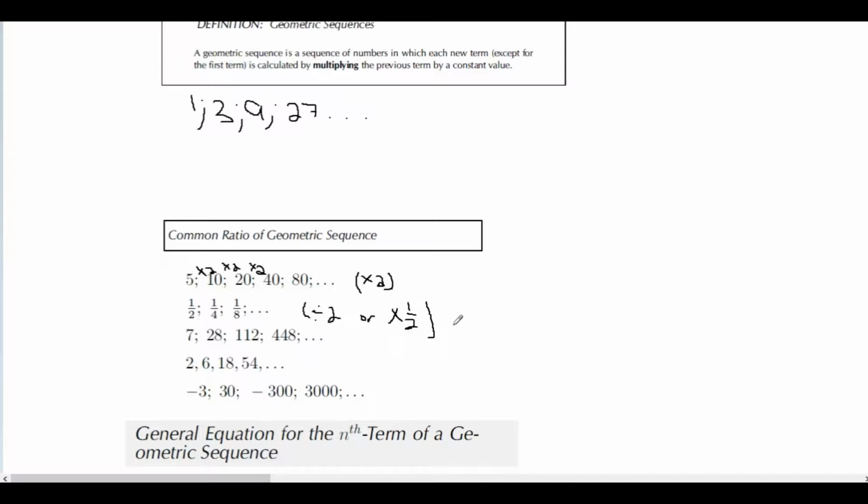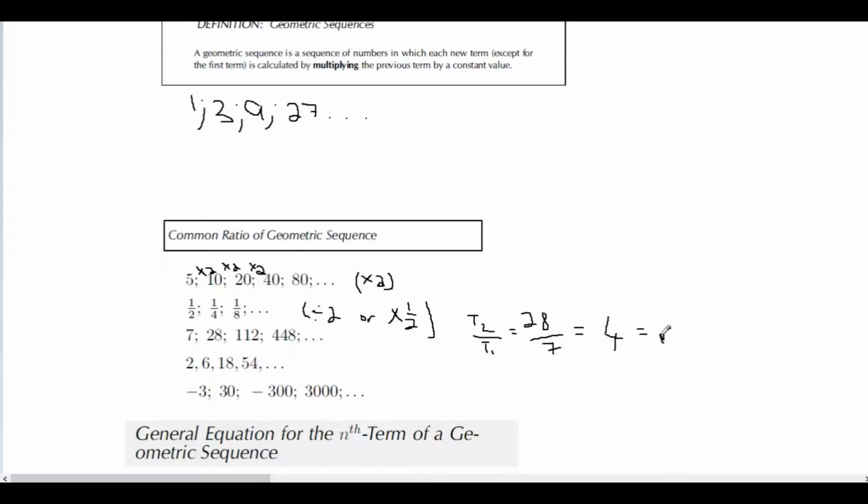So for this third example, we have t2 divided by t1, which is simply 28 divided by 7. That's 7, 14, 21, 28, so that gives us 4. So our common ratio, the notation that we use for it is a lowercase r.